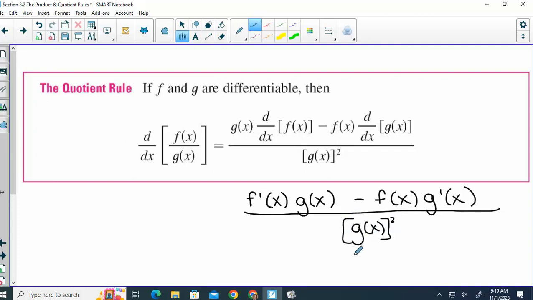Okay, so it's kind of like the product rule where you do one derivative at a time. But because these are subtracting, the order really matters. So you do the derivative of the top one times the bottom minus top times derivative of the bottom over the bottom squared.